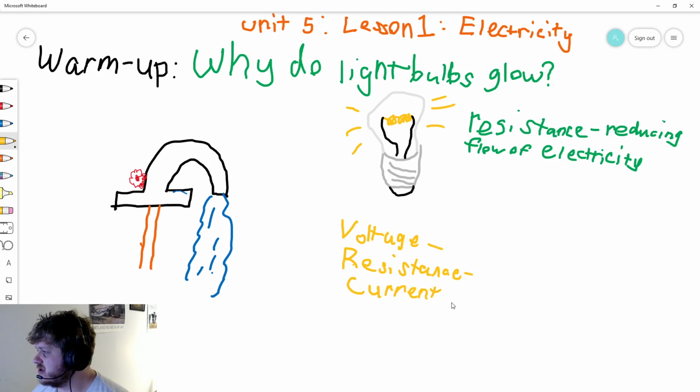So we have voltage, resistance, and current. And the best way I've always found to explain what these three things are is when you think of, say, your kitchen sink.